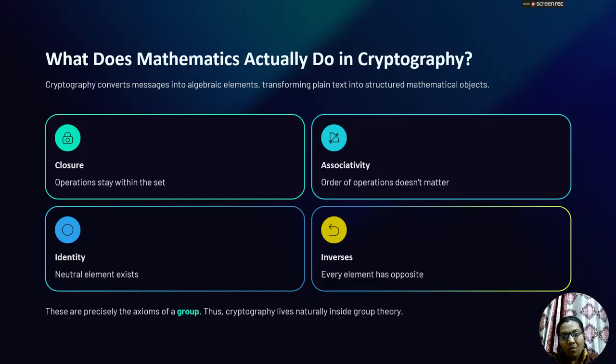Combining all these four concepts, cryptography converts the messages into algebraic elements by transforming the plain text into structured mathematical objects. So these are the very important axioms of groups. Cryptography lives naturally inside group theory.